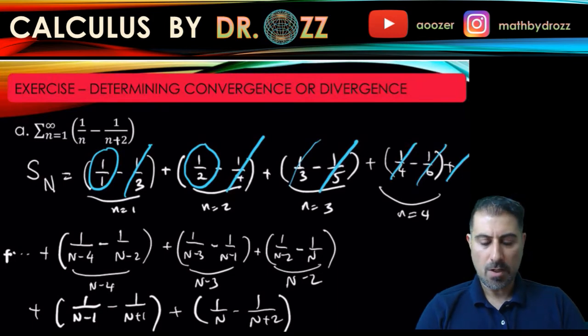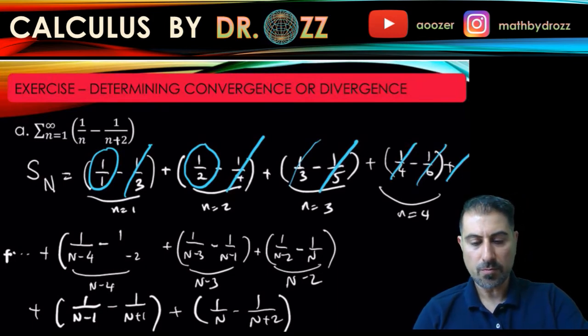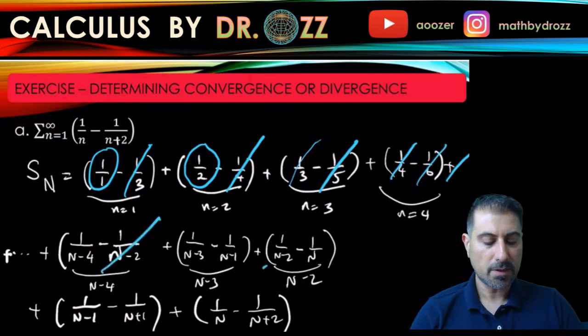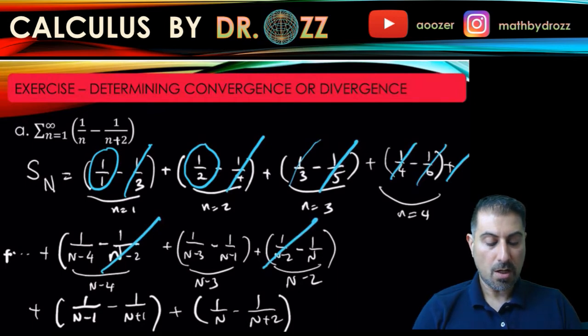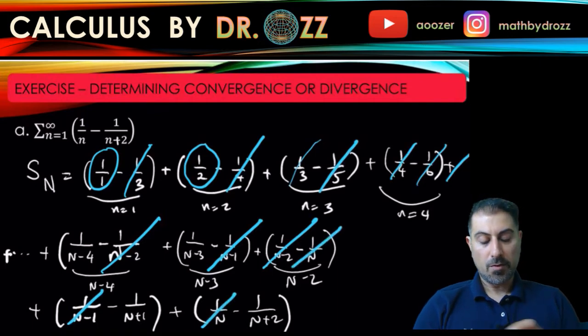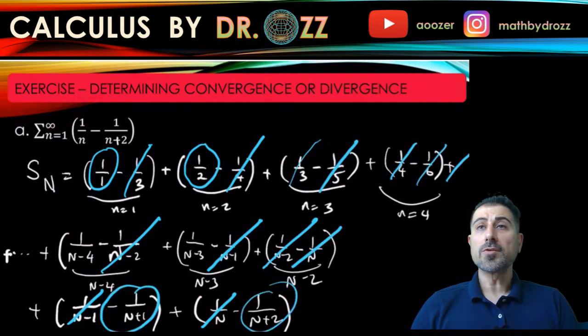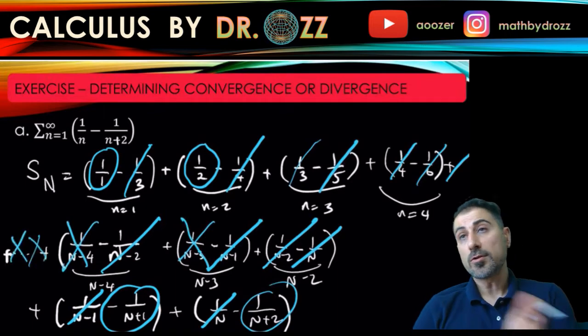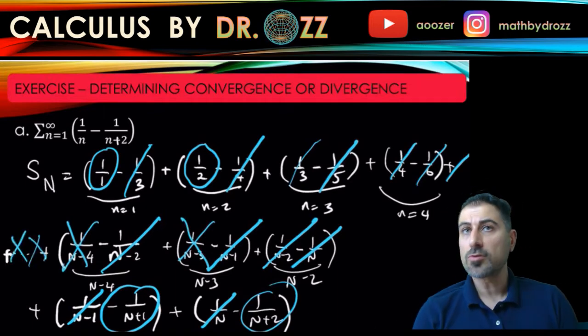Here 1 over n minus 2 is going to cancel this 1 over n minus 2. 1 over n minus 1 is going to cancel this 1 over n minus 1. And 1 over n is going to cancel this 1 over n. There's nothing to cancel this and that, and you can check by yourself that these 2 terms are also canceled by the 2 terms before the n minus 4th term.